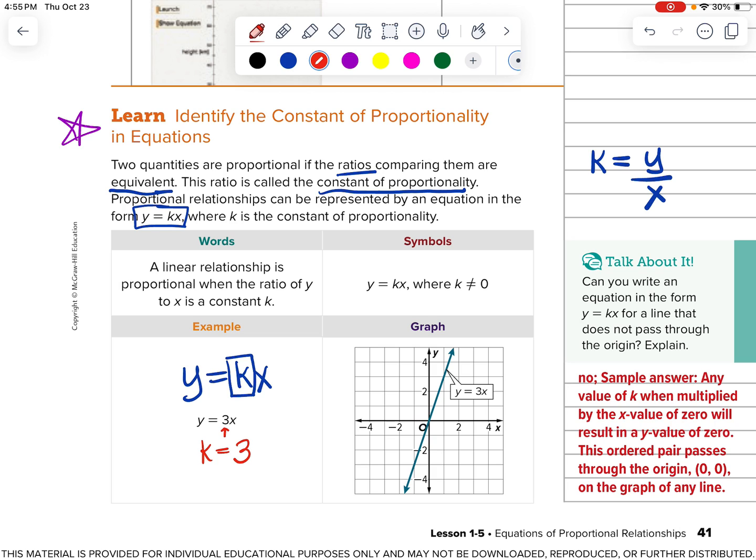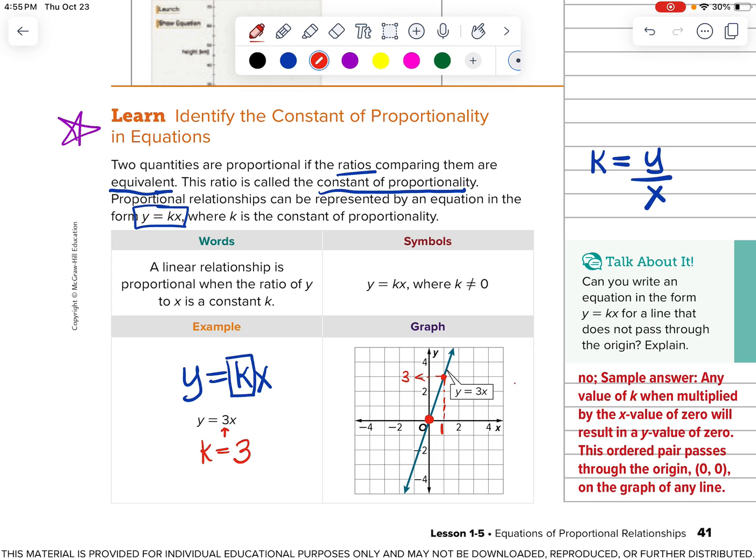We've already done this when we've looked at a graph. When we looked at a graph before, this graph is proportional because it goes through 0, 0, and it is straight. Remember, one way that we looked at a graph is we said we have to know what the unit rate is. So if I look at the 1 and I go up to the line, and then look over at the y, or y over x, this is going to be 3.